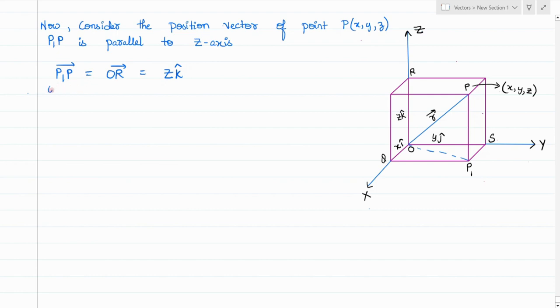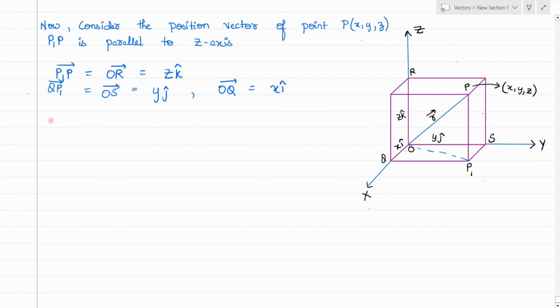Also QP1 vector is nothing but OS vector, and these are parallel, equal to y j cap. And also OQ is nothing but x i cap, that is this.